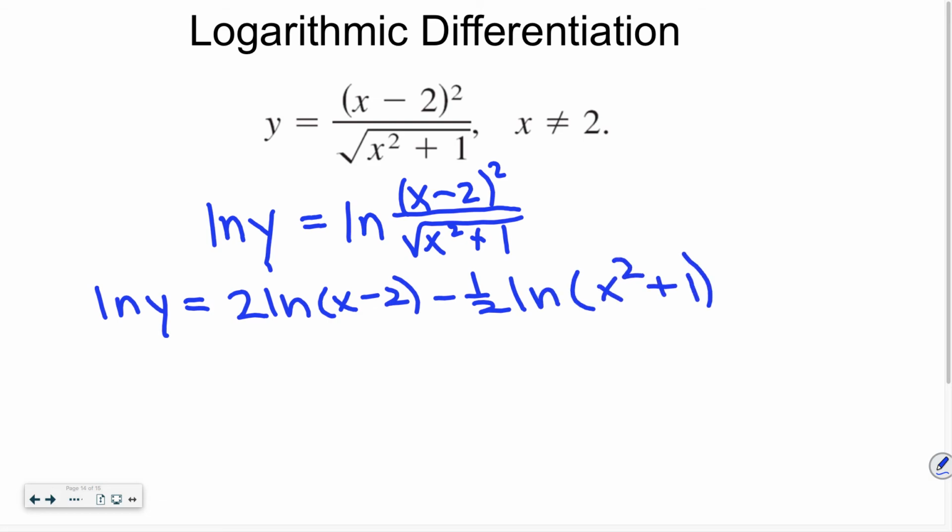Now we don't have to do a quotient rule at all. Yeah, we have some chain rules, but they're not bad, are they? But we are taking the derivative implicitly because now we have the natural log of y instead of just y equals. But we just talked about implicit differentiation, so we've got it under control.